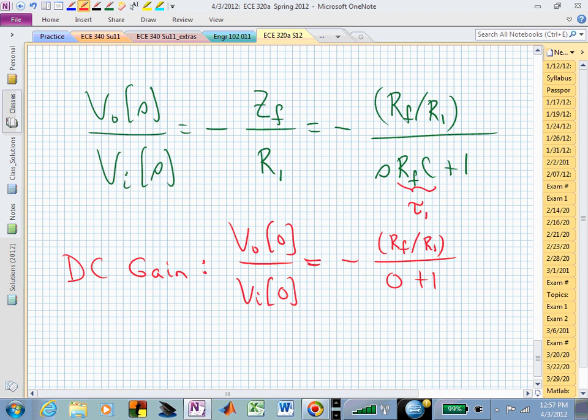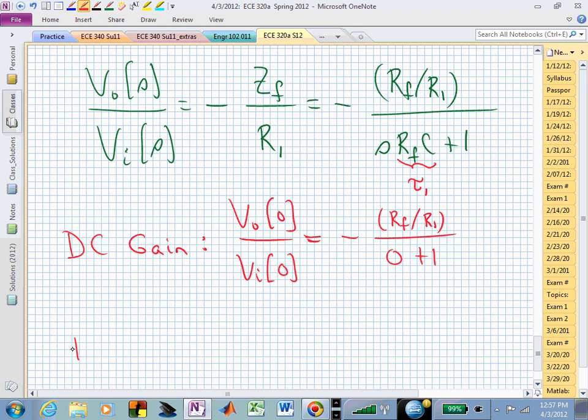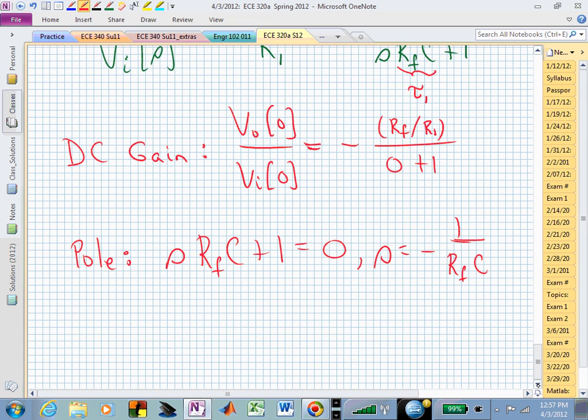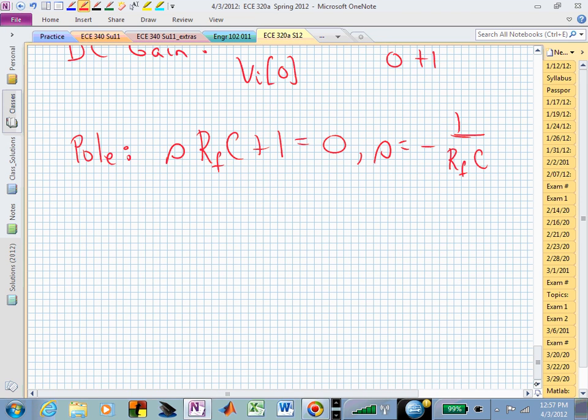In this transfer function, where is our pole? It's when that denominator factor equals 0, and that's going to occur at minus 1 over R sub F C. And if you wanted to quickly think about what this is doing in terms of a frequency response, say in your graphic equalizer, it's going to be flat, and then it will drop down.